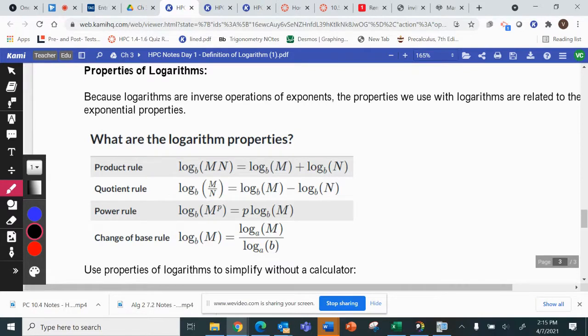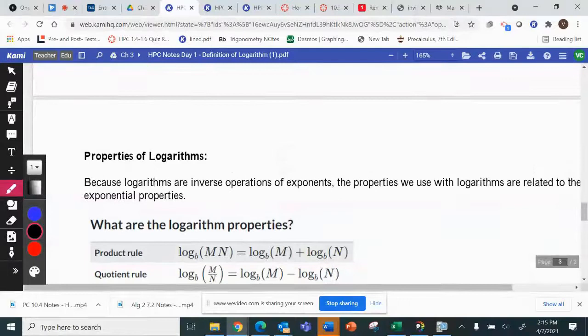Properties of logarithms are related to properties of exponents because they're inverses of each other. For example, if I do x to the second multiplied by x to the third, they have the same base. What do I do to their exponents? I add them. Well, if we look at our product rule for logarithms, I'm going to look at this side first.